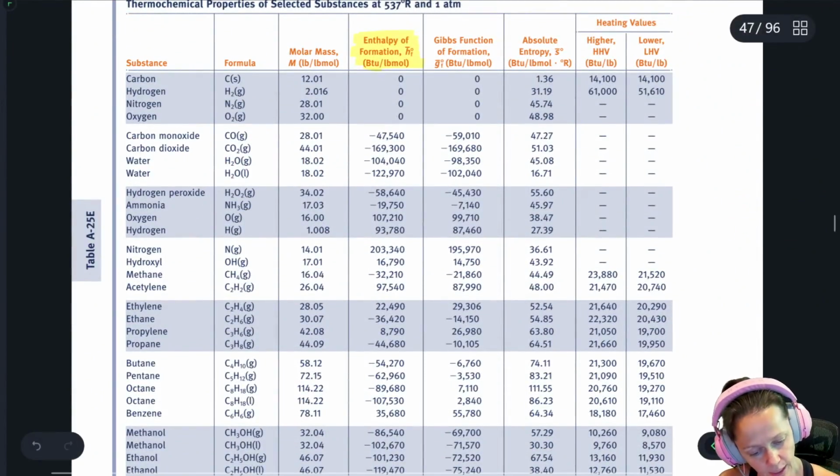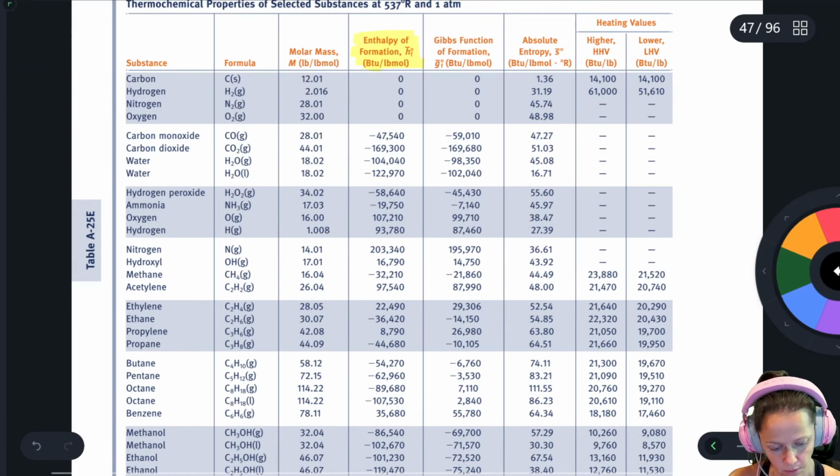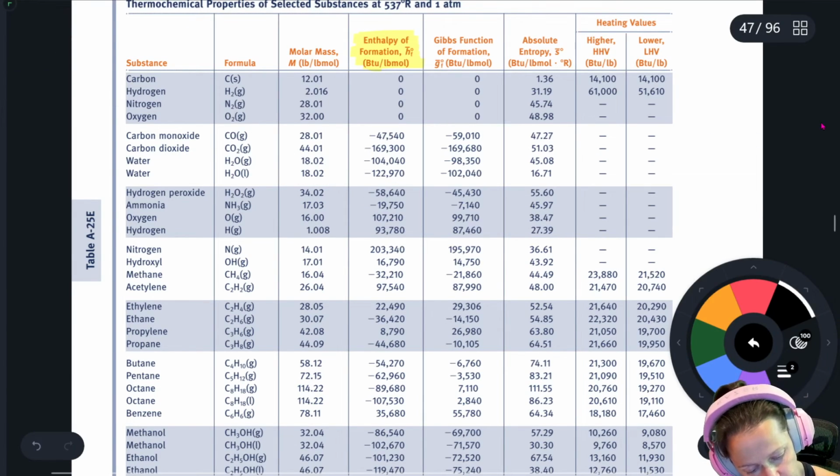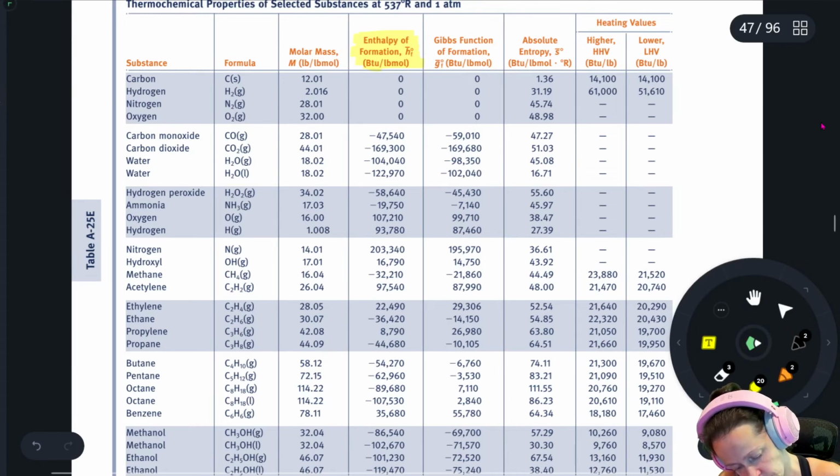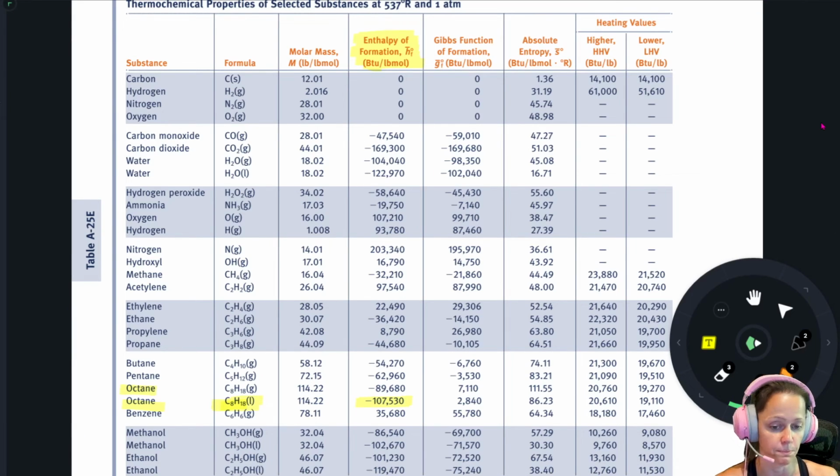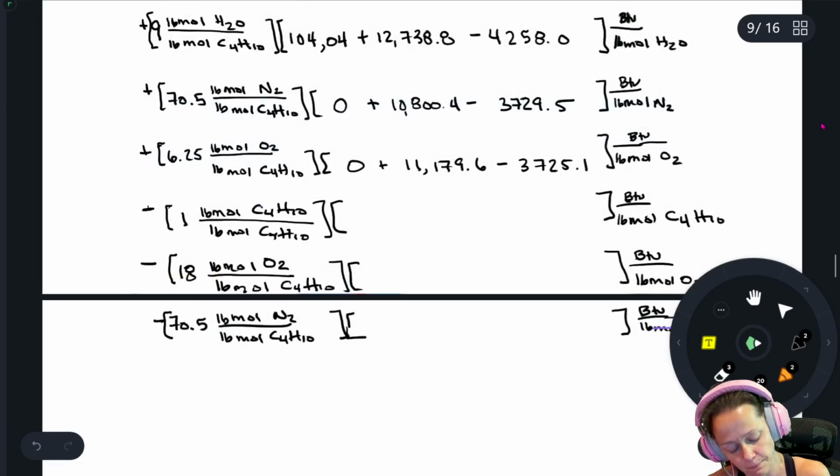We have two values for octane. We need the one for liquid. There's our enthalpy of formation, negative 107,530.